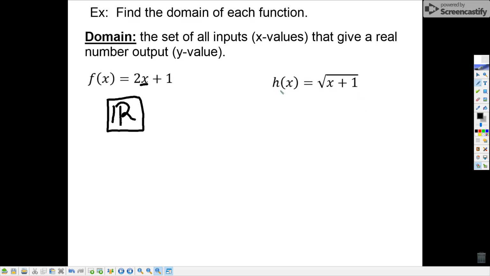So in this one we have h of x is equal to the square root of x plus 1. This is a square root function. Some of you may remember that this function is like a sideways half parabola, like so. Even if you don't know that, hopefully you remember that if this expression inside the square root is negative, then we would get an imaginary number.